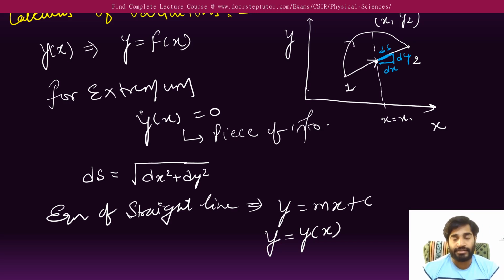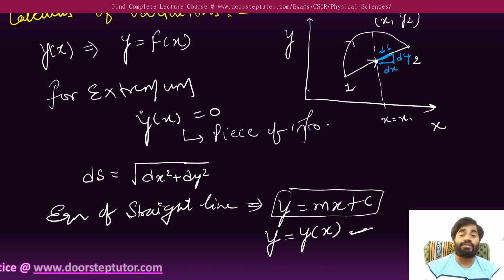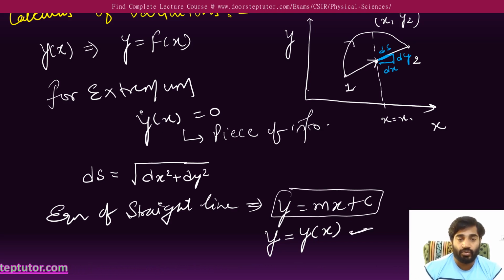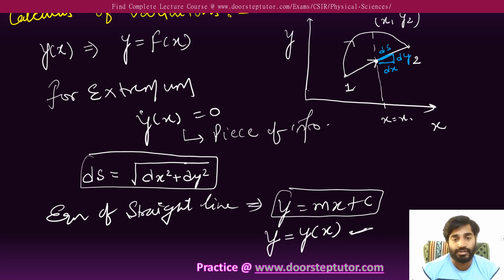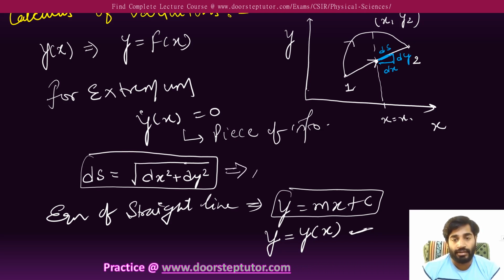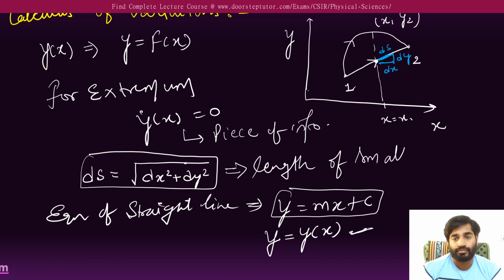So y is independent of x for this equation. To overcome that challenge, we take a small element and we take the function of y and x, and that function of y and x gives me the length of the small element. So this is what gives the length of a small element. Fine.